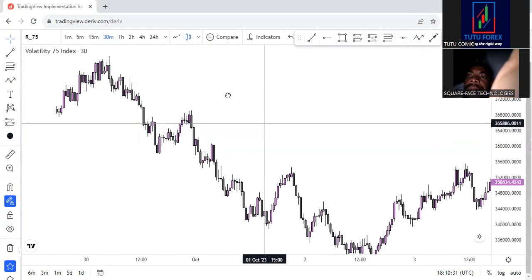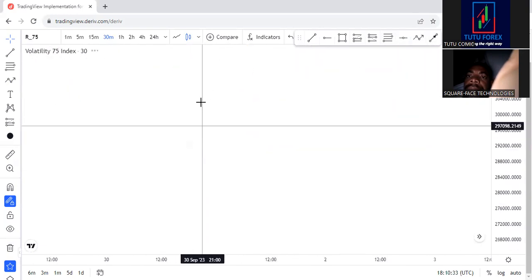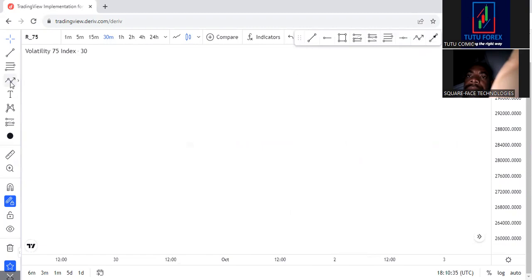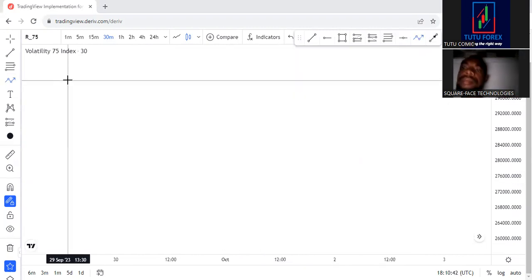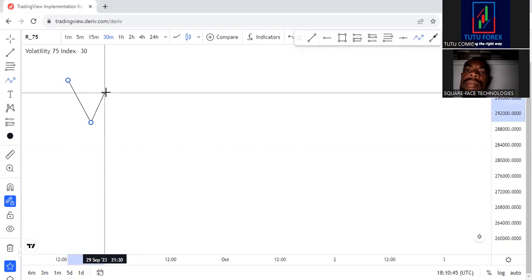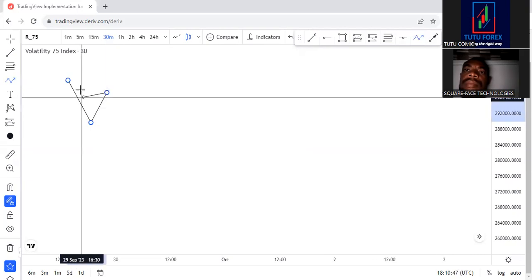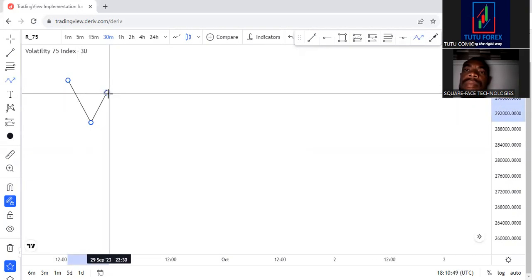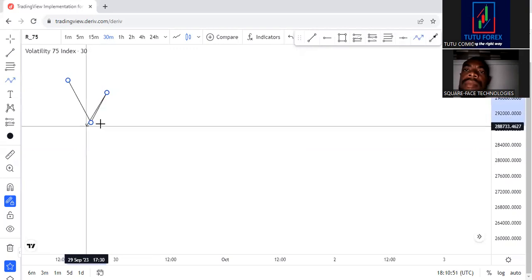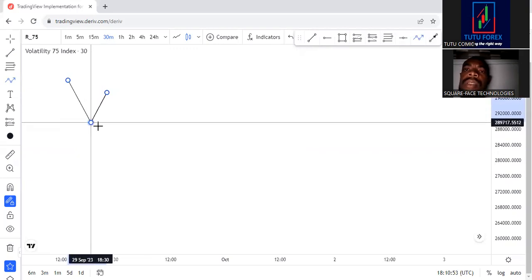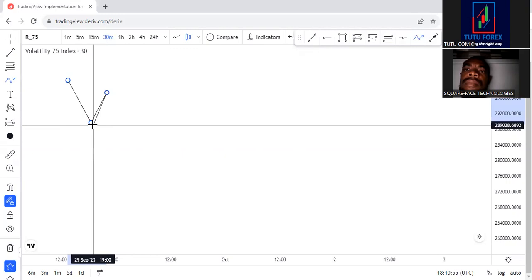Now let me explain a downtrend before I go to the chart. Price needs to create a series of lower highs and lower lows. You will need to see price breaking the lows.